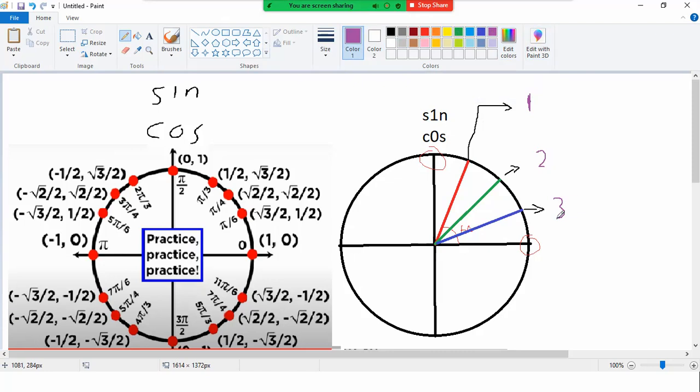That's easy to remember. Then I'm going to square root all of these. Okay, cool. Now I'm going to divide them by 2. 2, 2, 2. Look at this guy.